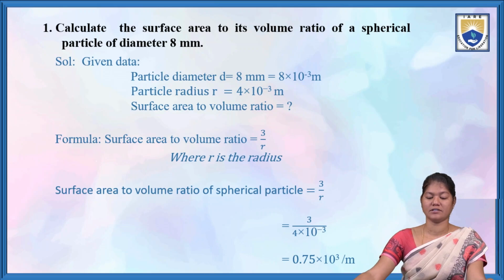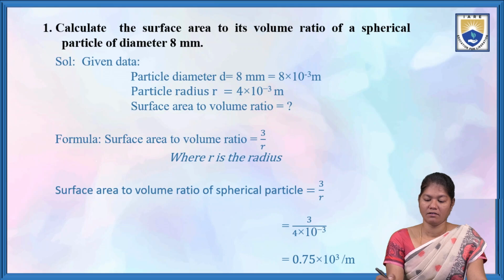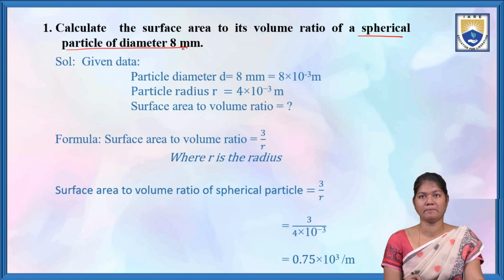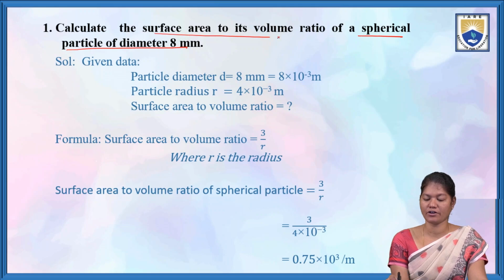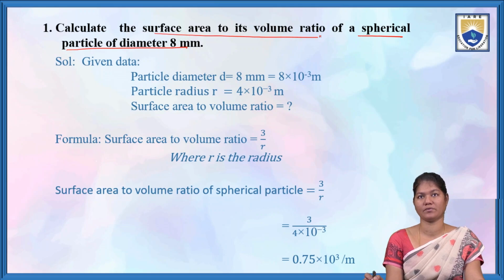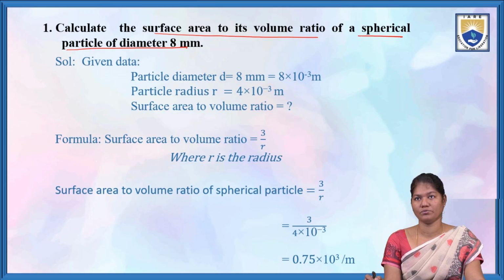So, the given data: the spherical particle diameter has been given, and we need to calculate the surface area to volume ratio of a spherical particle.